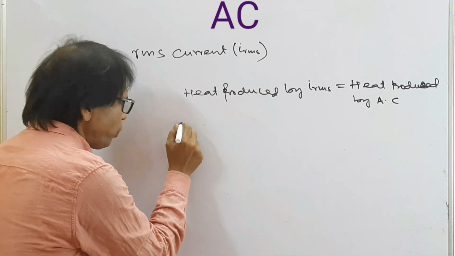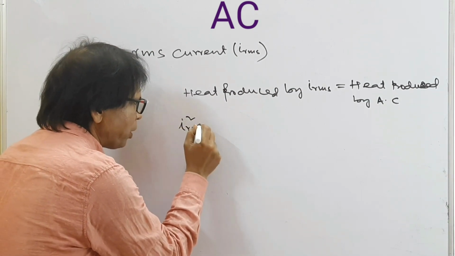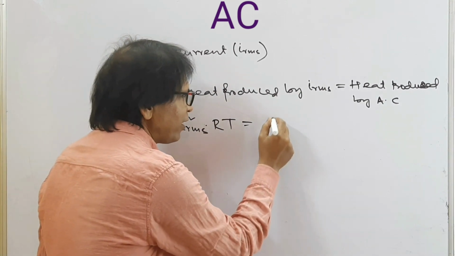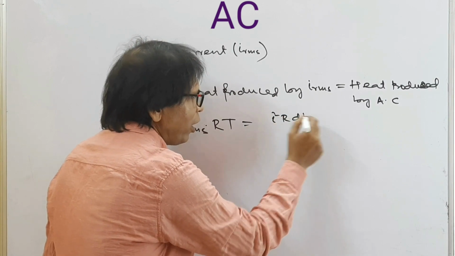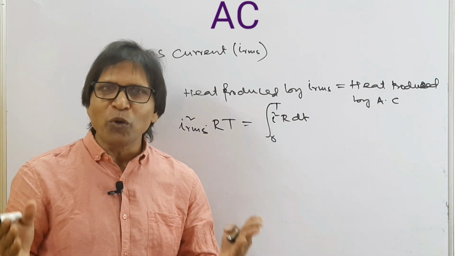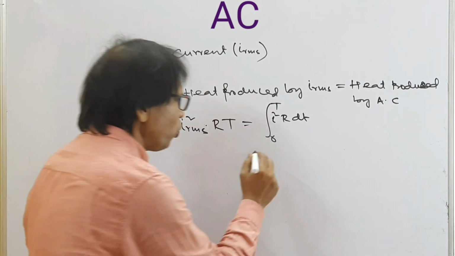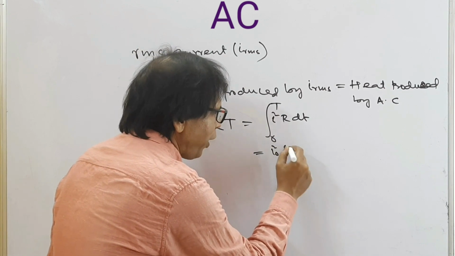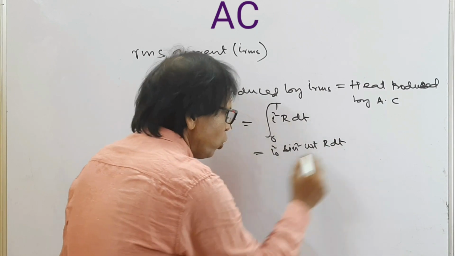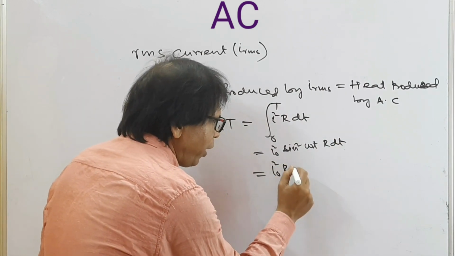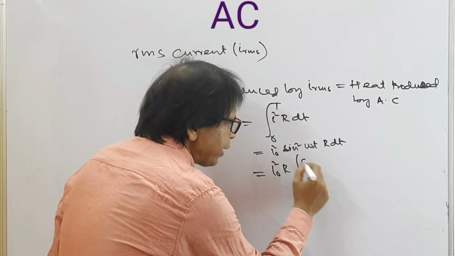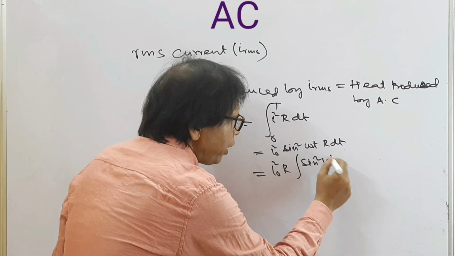Now the heat produced by I RMS is I RMS square into R into T, which is equal to the integral of I square R dt from 0 to T. Now we know I equals I naught sin omega t. So this is I naught square sin square omega t into R dt, which is I naught square R times the integration of sin square omega t dt.